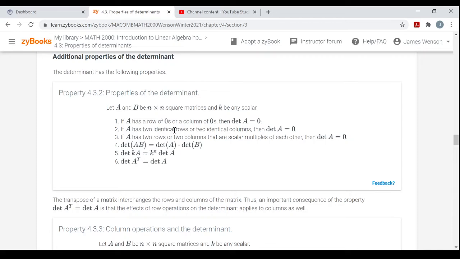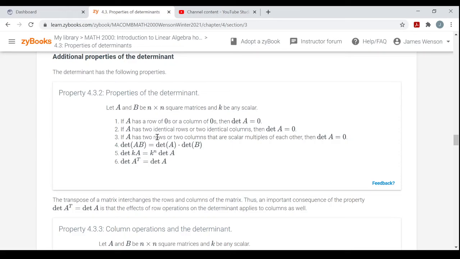If 2 rows are exactly the same, then I can take negative 1 times one row, add it to the other row, and then that other row would become a row full of zeros, and then you'd have situation number 1 again. And remember, when you add a multiple of one row to another row, the determinant is not affected. So if I can make a row full of zeros or a column full of zeros, then that determinant would be 0.